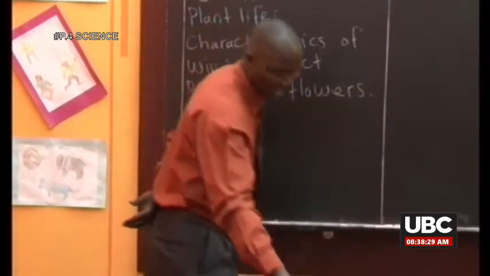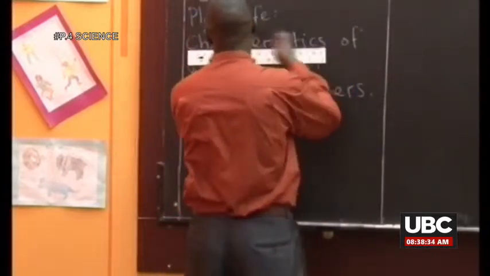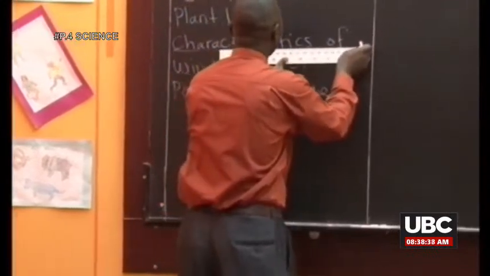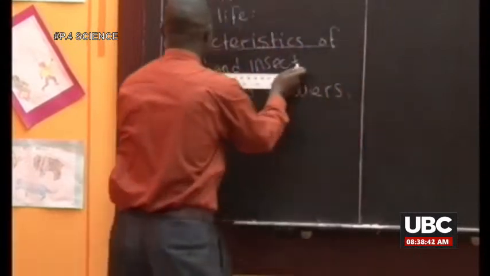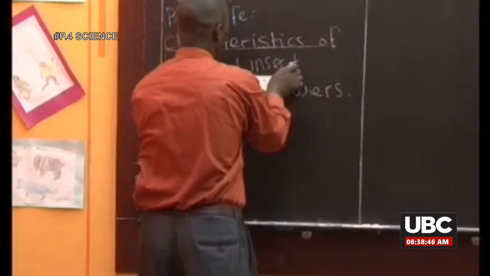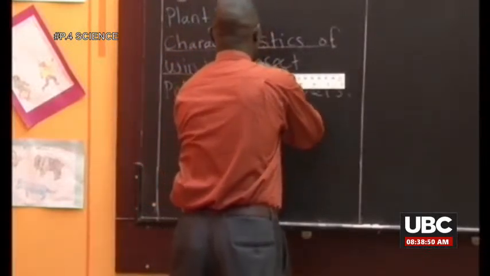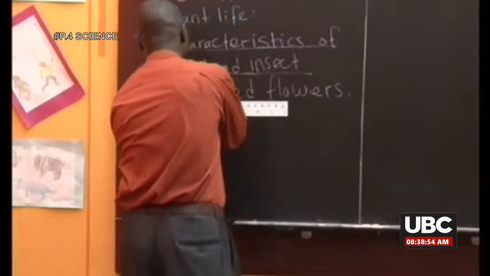That's what we want to look at today. We'll be looking at the characteristics of wind and insect pollinated flowers.